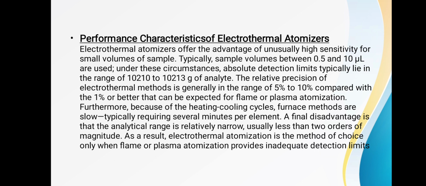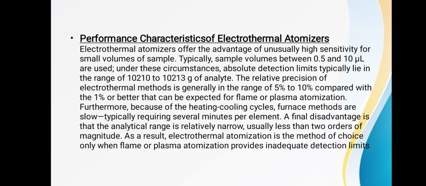Performance characteristics of electrothermal atomizers. Electrothermal atomizers offer the advantage of unusually high sensitivity for small volumes of sample. Typically, sample volumes between 0.5 and 10 µL are used. Under these circumstances, absolute detection limits typically lie in the range of 10^-10 to 10^-13 gram of analyte.